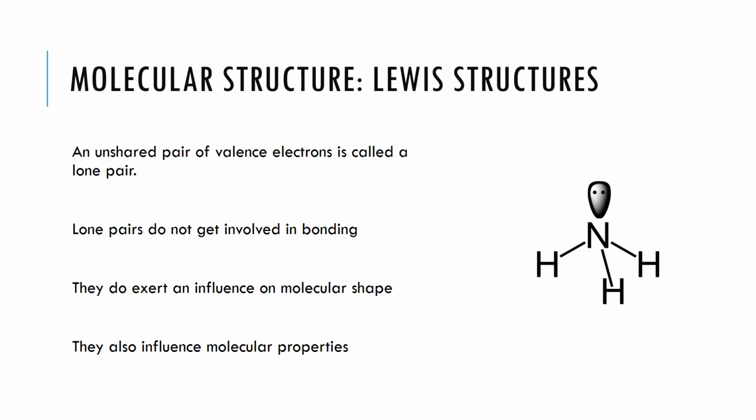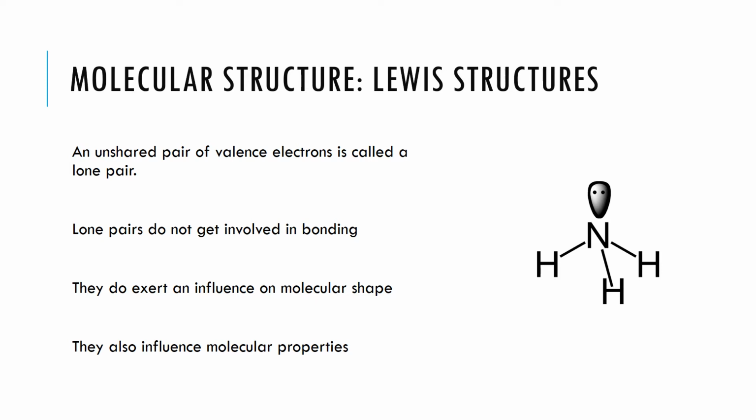Now, these lone pairs, they don't get involved in the bonding of that molecule, but they do exert an important influence on molecular shape. And we'll see this as we move on through to our discussions of VSEPR theory towards the end of this session. So you'll see that in ammonia, that very large lone pair on the top of the nitrogen there forces those hydrogen atoms to adopt the configuration that you see there.